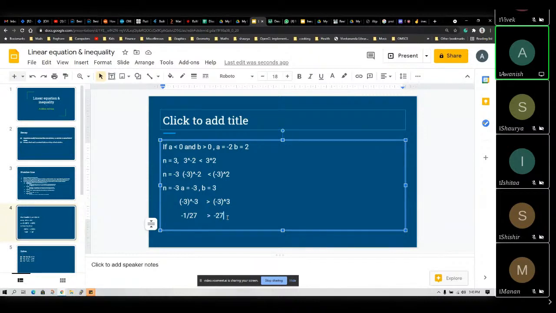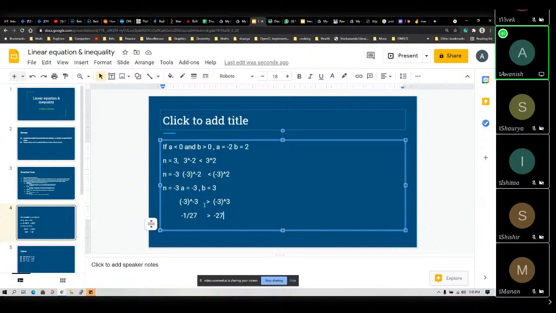Sir, if A and B are even or odd. Yes. When both are even or both are odd, what should happen? But what if one is even, one is odd? We can get the conditions: when A is even, B is odd; when A is odd, B is even, and all those combinations.